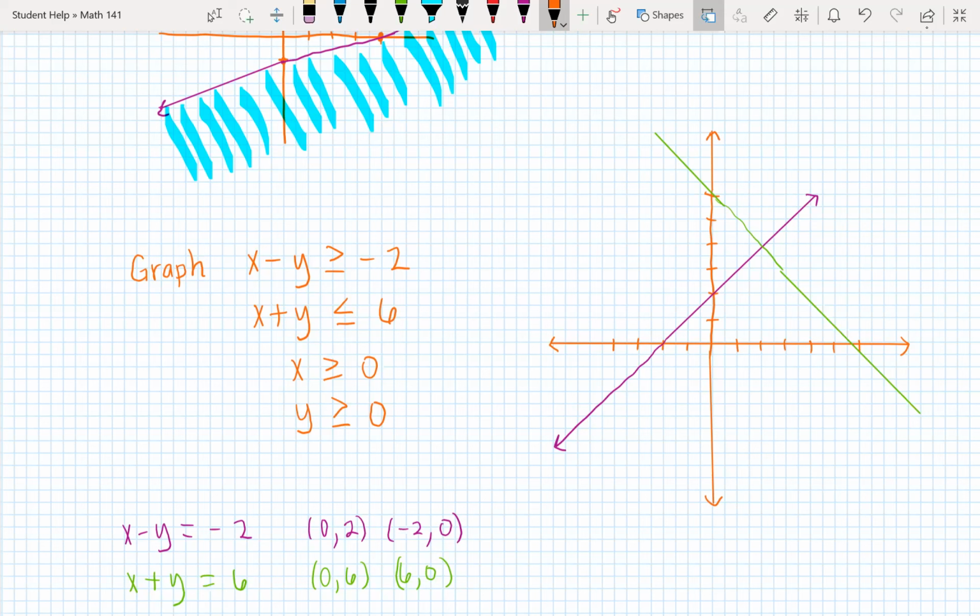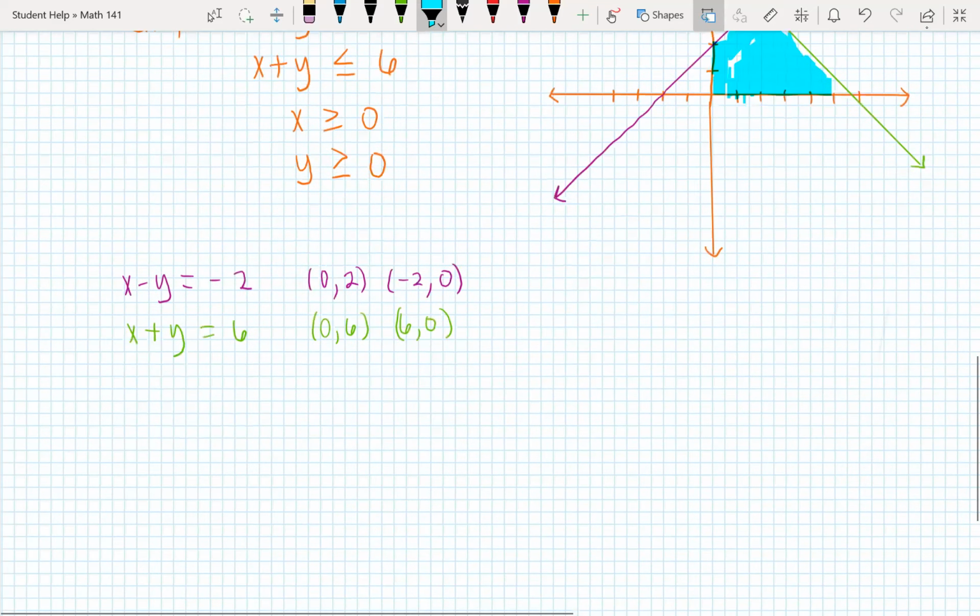So if I look at the region that's created by all of these lines, and taking also into account being on this side of the y-axis and on this side of the x-axis, I'm going to have this area in here as my solution. In this case, we had greater than or equal or less than or equal in all cases, and so all of the lines are going to be solid in that way. All right, let's do one more example like that.